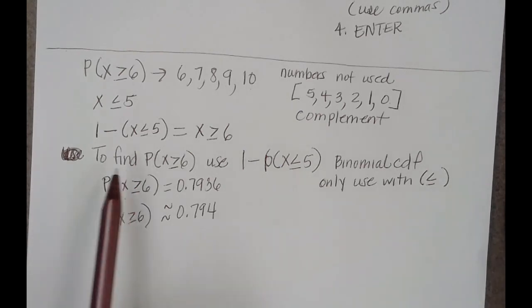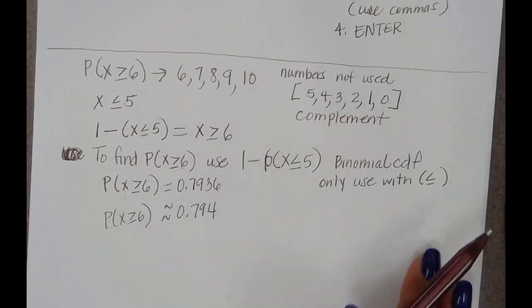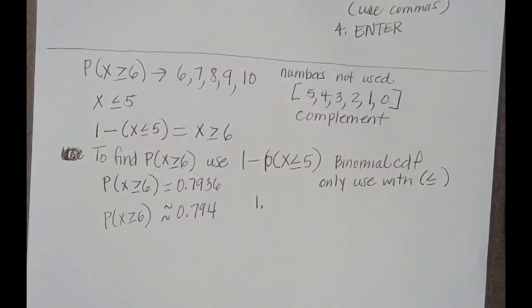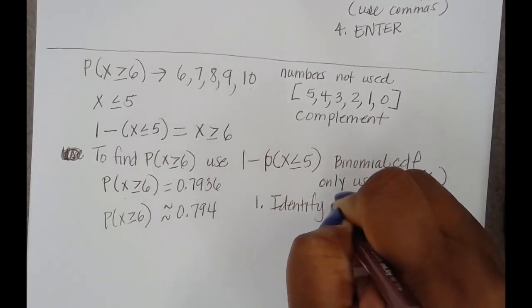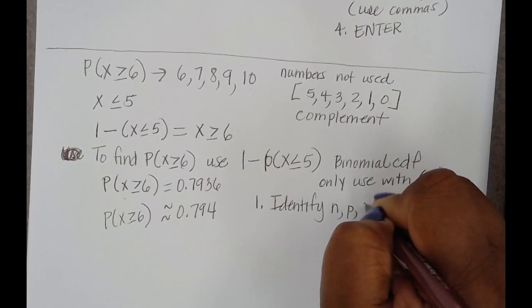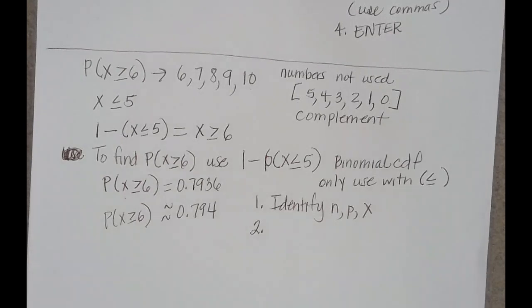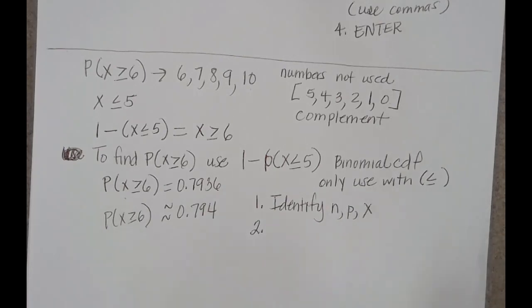So then I use my calculator using the same keystrokes, and we're going to write those out. The first thing I did, I didn't have to identify N, P, and X here. I already had it, but in general I need to identify N, P, and X. But also, before I go to my calculator, I needed to rewrite the inequality statement to represent the complement.